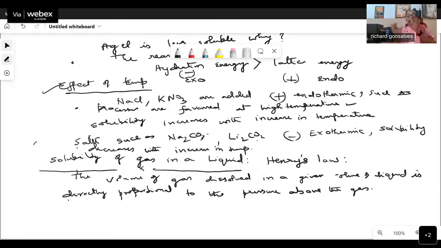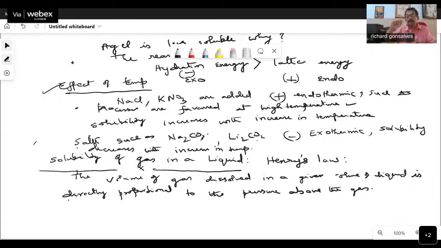Let us say carbon dioxide is there and water is there with you. You want more carbon dioxide to dissolve in water and make soda water. What you do is you put carbon dioxide under more pressure, and more carbon dioxide will dissolve in water. Therefore, if you open a soda bottle, a lot of gas comes out.